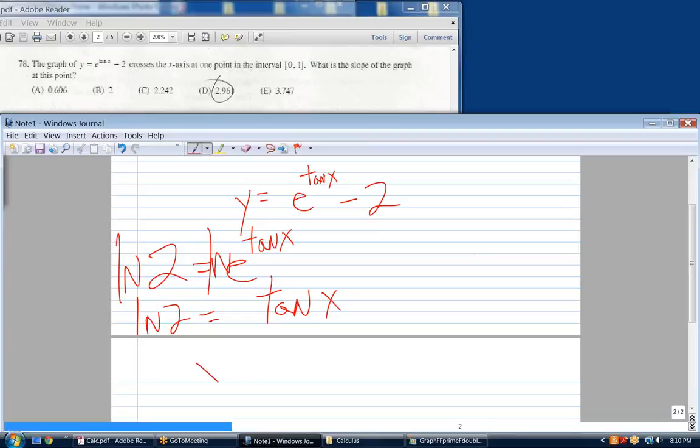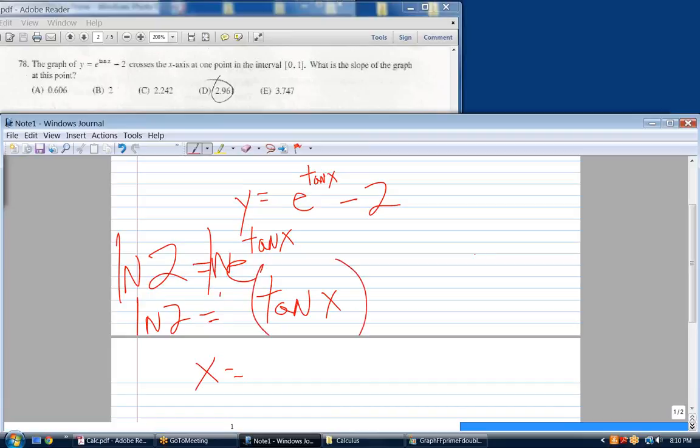So x would be what? Not too sure where to take it from there. I have to take the inverse tan of both sides. Oh, yeah. I'm going to take the inverse tan of this side, and the inverse tan of that side.